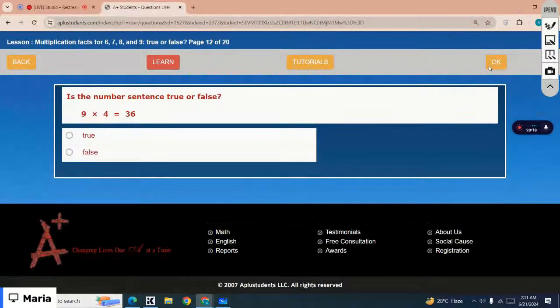Is the number sentence true or false? 9 times 4 is 36.